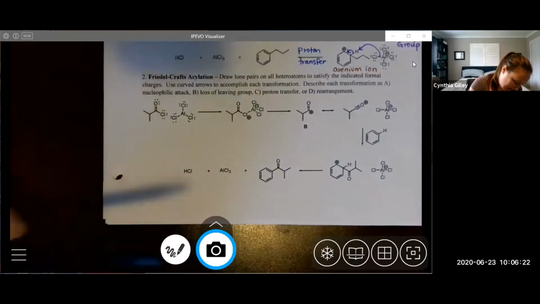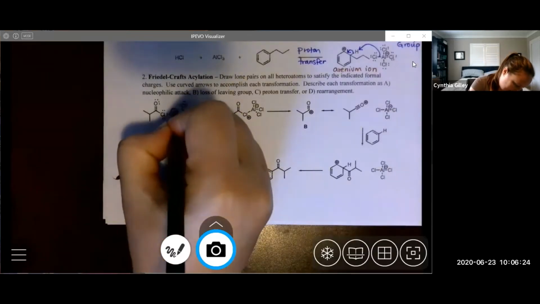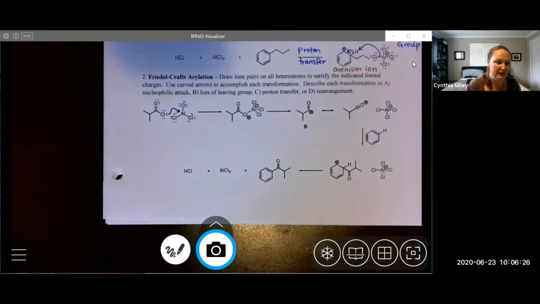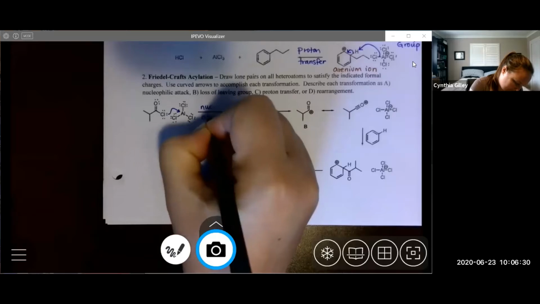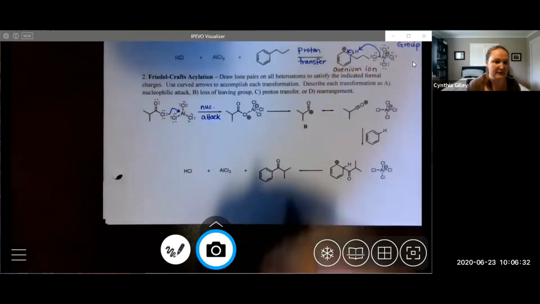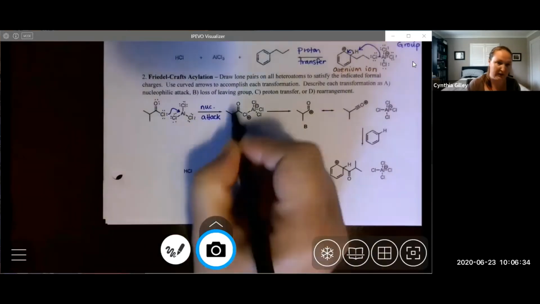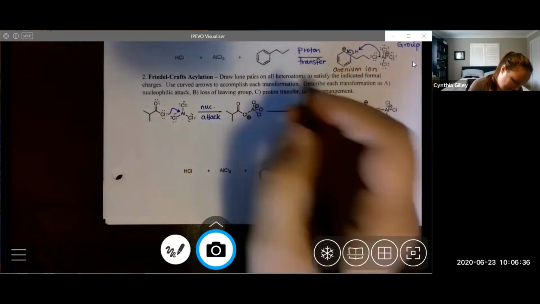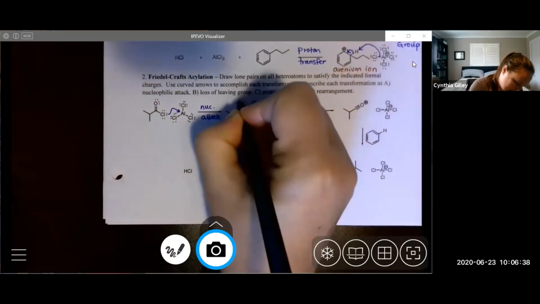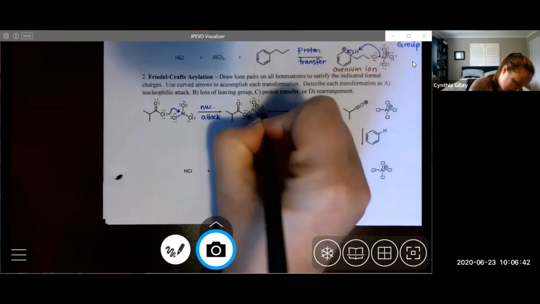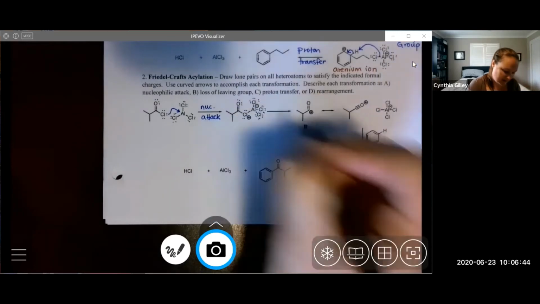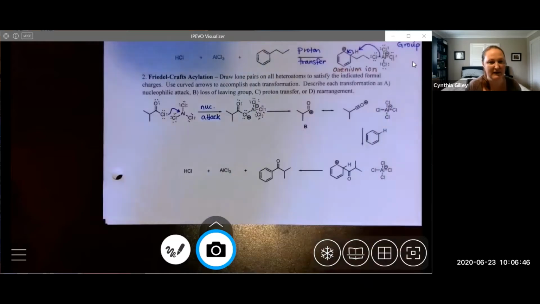One of the lone pairs on the chlorine of the acyl chloride will still do a nucleophilic attack in a Lewis acid-base reaction to form the complex. So we add in our lone pairs. That was requested. Technically, all these chlorine lone pairs are not necessary, but I like to add them just to be super clear.